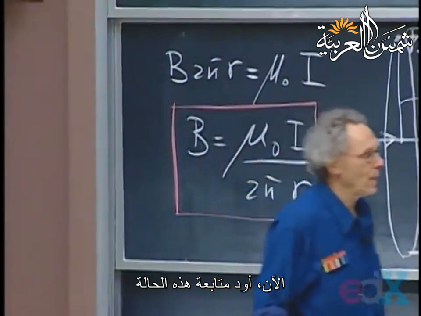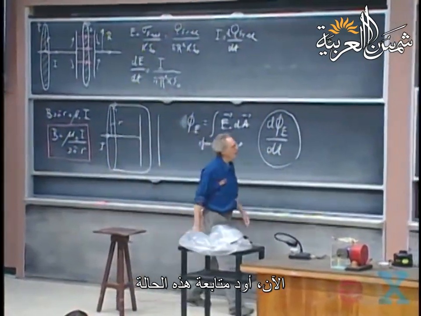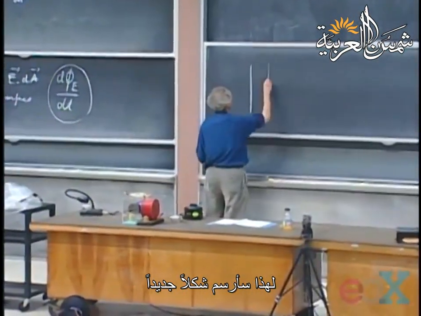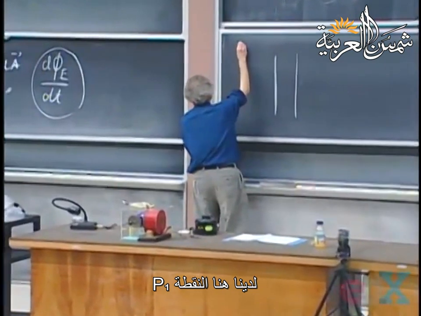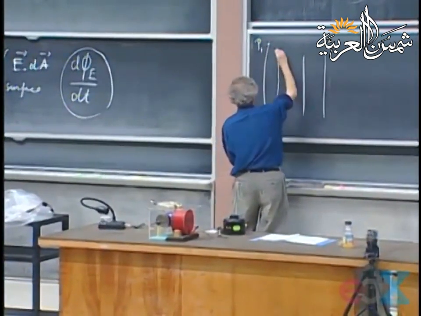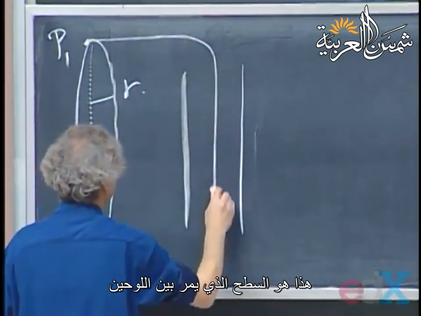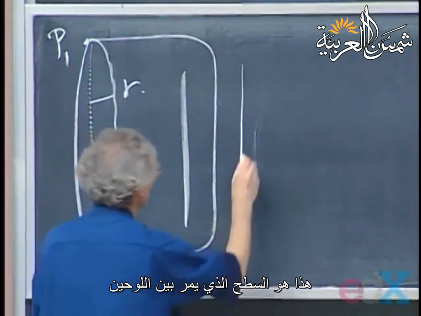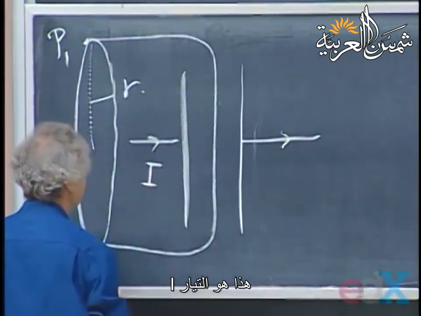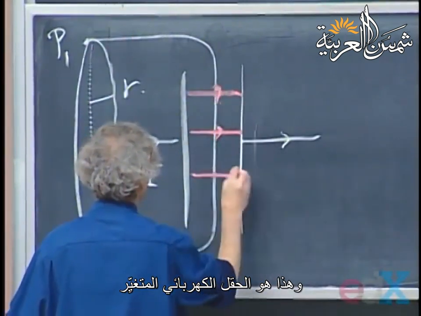But now I want to pursue this case. And so I make a new drawing. We have here this point, P1. This is my radius, little r. This is my surface going right through here. Here's the current, I, and here's my changing electric field.